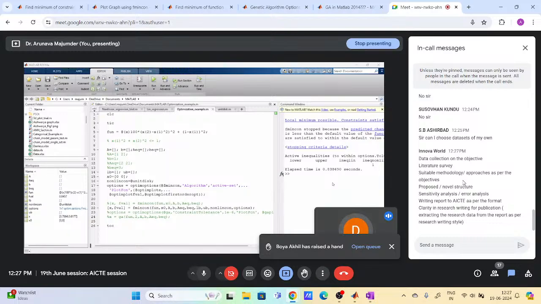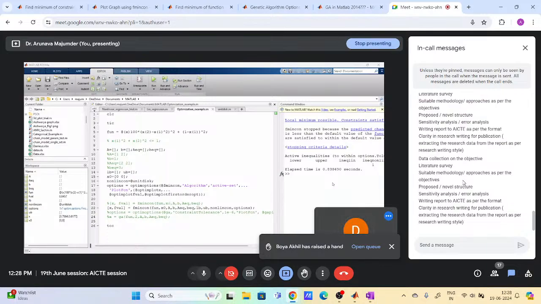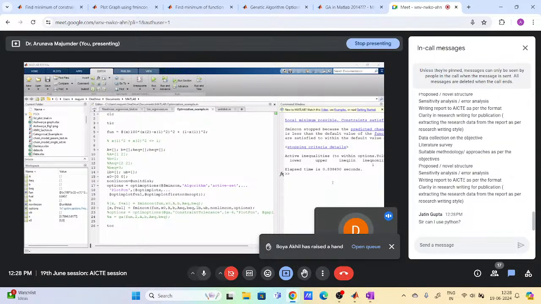For writing a paper, you need to use some innovative technique and an innovative dataset also. So first share the dataset with us and let me check that. Also write down the objectives, and if you have any ML technique, yes, you can use Python. It is open source. If you don't have access to MATLAB, you can use Python.